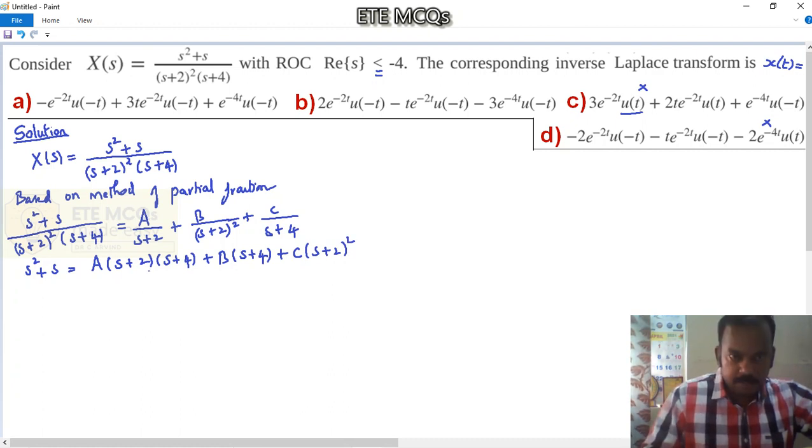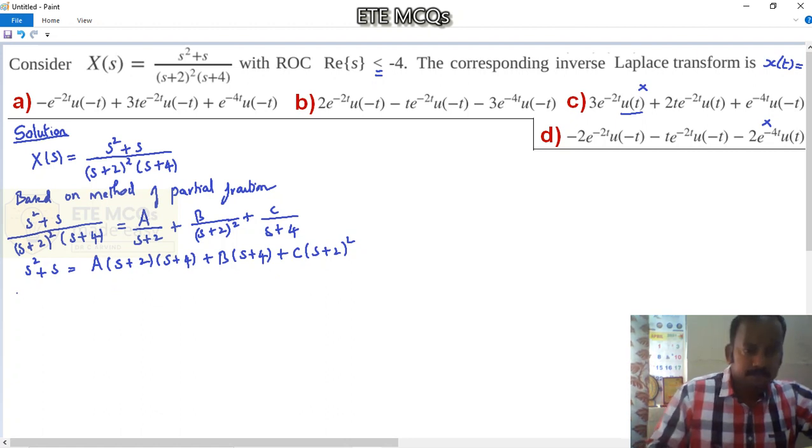If I substitute s is equal to minus 2, I'll be able to get B. And when s is equal to minus 4, I'll be able to get C. Later I can equate the s squared coefficient to find A, or s is equal to 0 is again an equally good option.